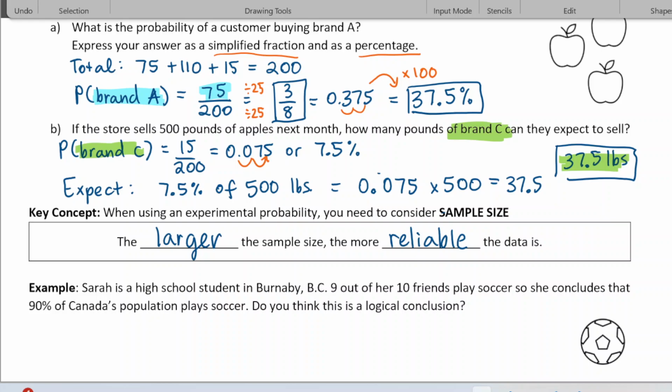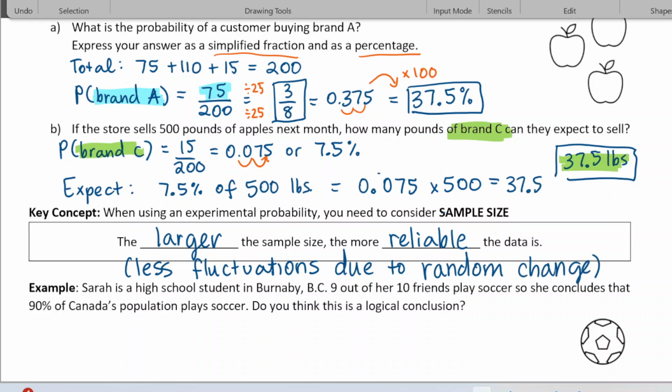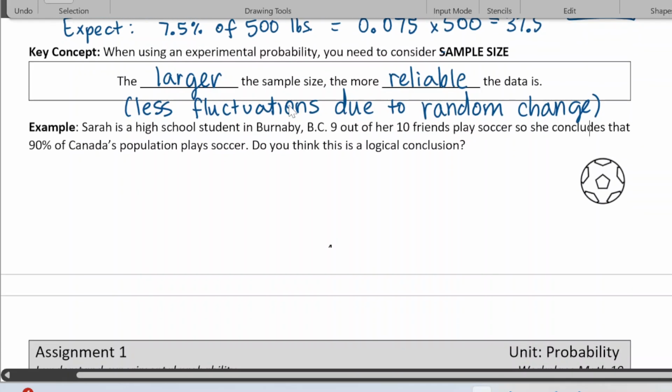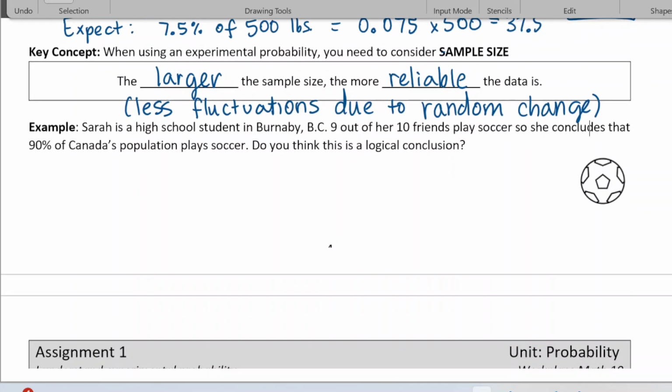So the larger the sample size, the more reliable the data is, or the less random chance. Okay, so I'm going to put in brackets less fluctuations due to random chance. So if you only have a small number of data points, there can be a lot of fluctuation from what you'd expect just due to random chance. But if you have a big data set, then your data is more reliable.